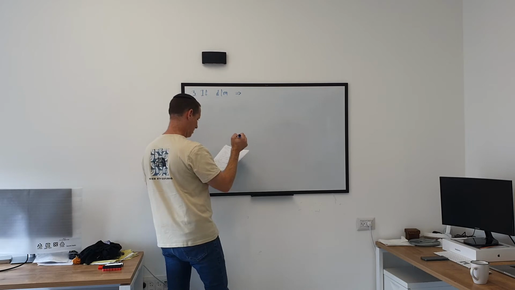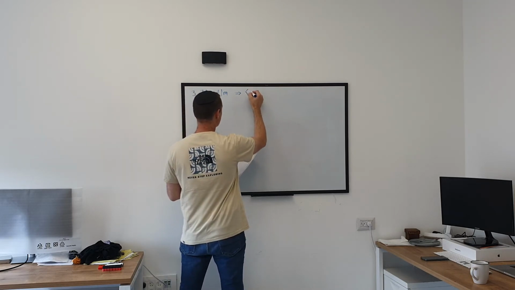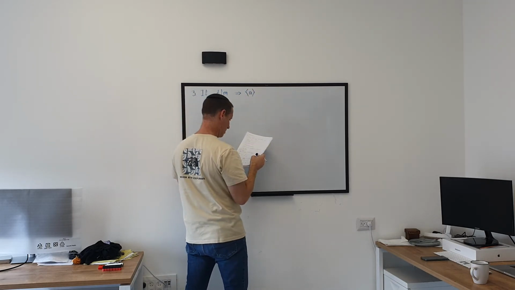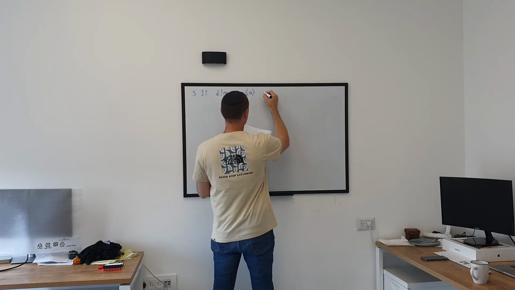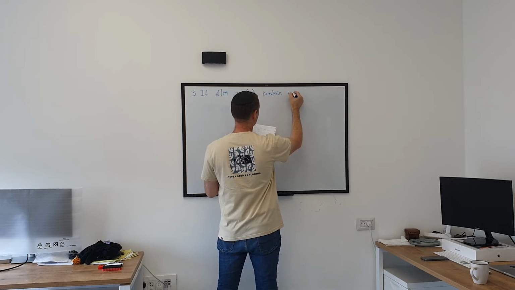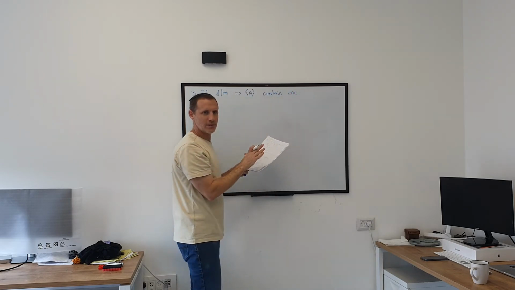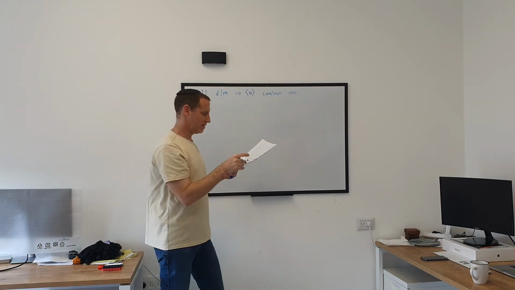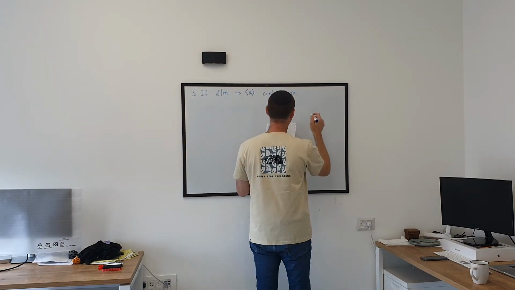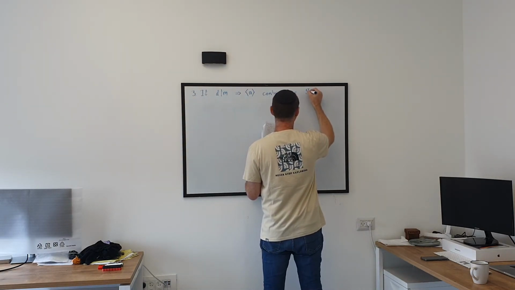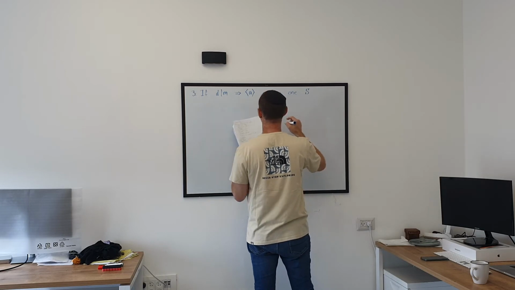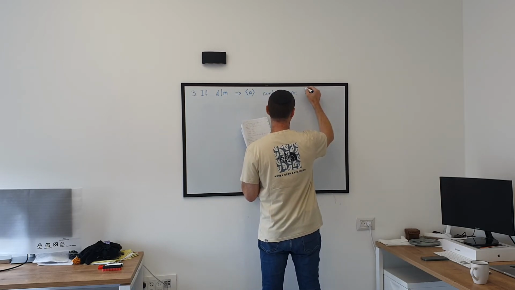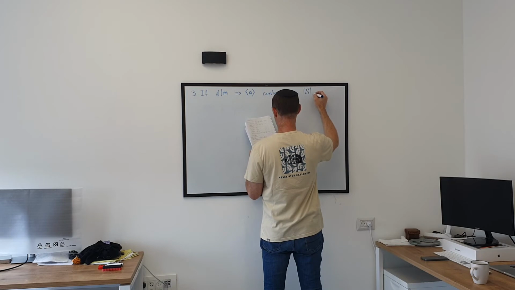Then A contains 1. 1 is not the unit, the identity. 1 is like a single subgroup of size D.